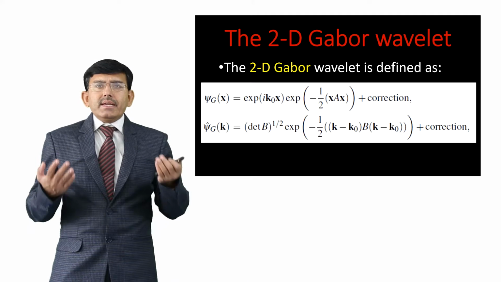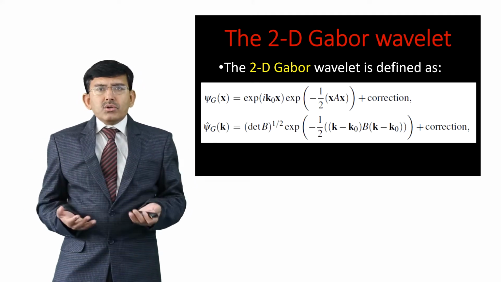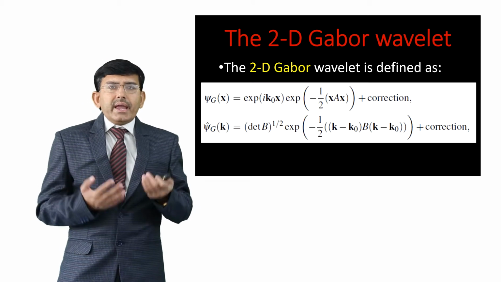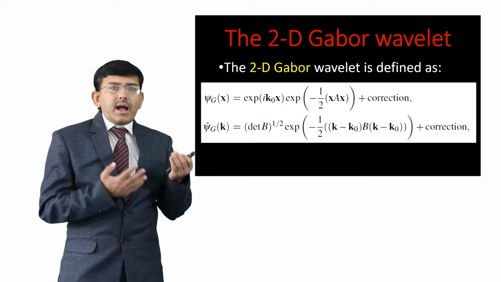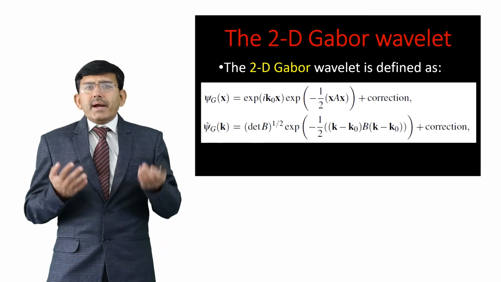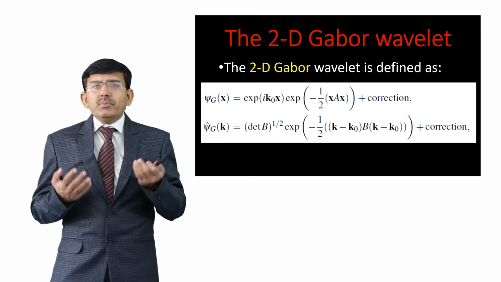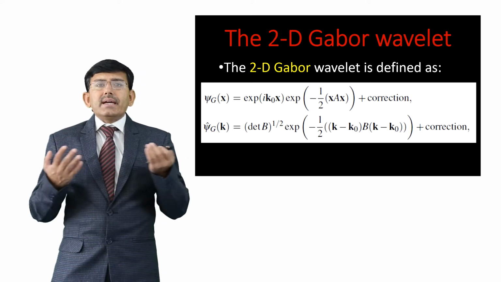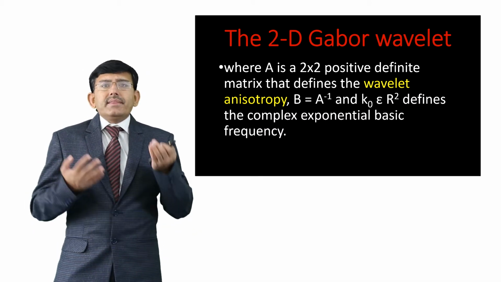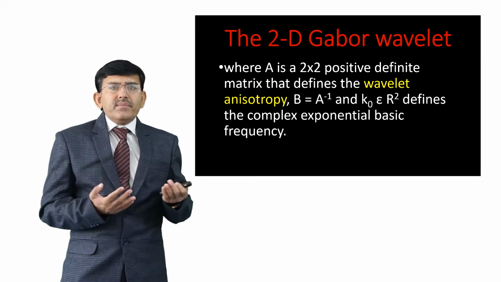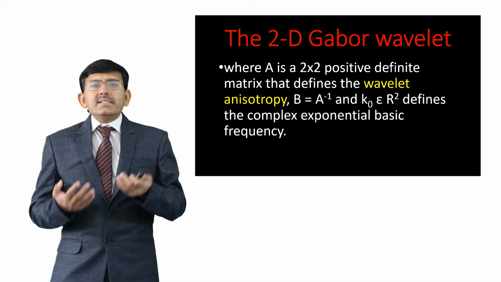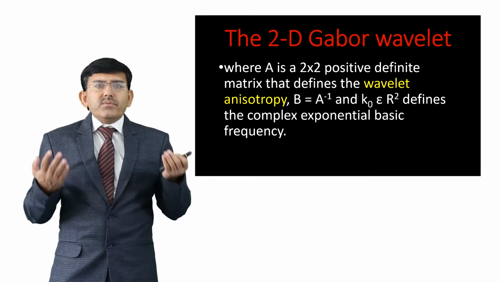The 2D Gabor wavelet is defined as psi_G of x equal to exp(i k0·x) exp(−1/2 x^T A x) plus a correction term. Its Fourier transform psi hat_G of k equals (det B)^(1/2) exp(−1/2 (k − k0)^T B (k − k0)) plus the correction factor, where A is a 2 by 2 positive definite matrix that defines the wavelet anisotropy, B equals A inverse, and k0 ∈ R² defines the complex exponential basic frequency.